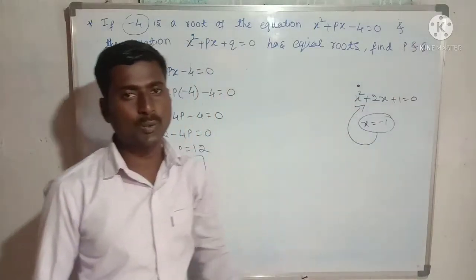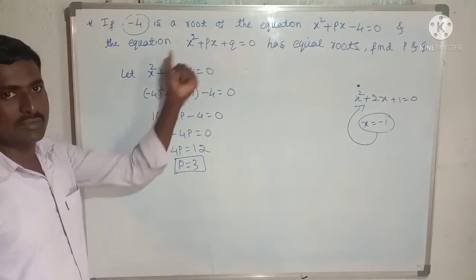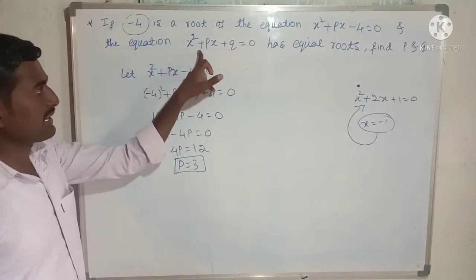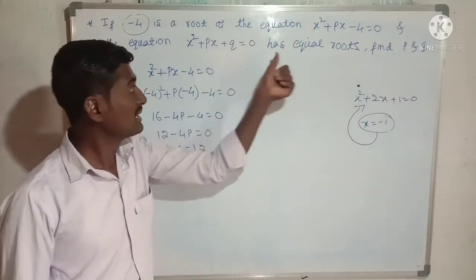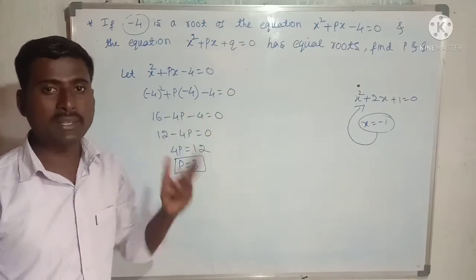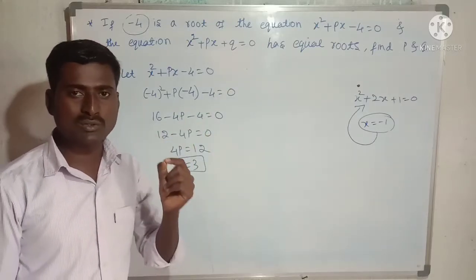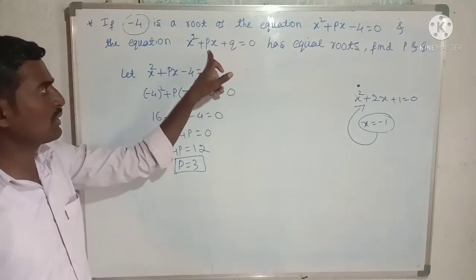Then one more is q we have to find. For that, let us take this equation. The equation x square plus px plus q equal to 0 has equal roots. The roots of this equation are equal. What it means? Discriminant must be equal to 0. By using that concept, we can find the value of q. Already we got the value of p.